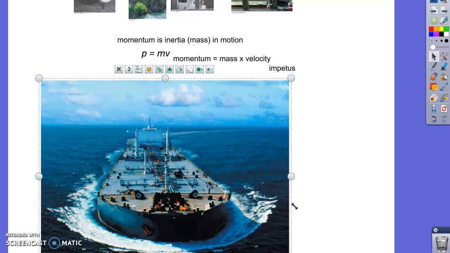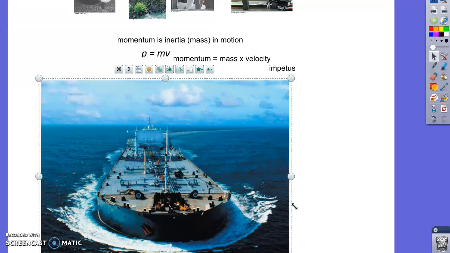And when they're coming into port, they will actually turn off the engines 25, 30 miles out and completely coast all the way in, because they have so much momentum they're not going to be able to stop if they wait later to turn off the engines. Their momentum will carry them in, and by the time they get to the dock, their velocity is so low that it's easy to stop them and then maneuver them around to dock.